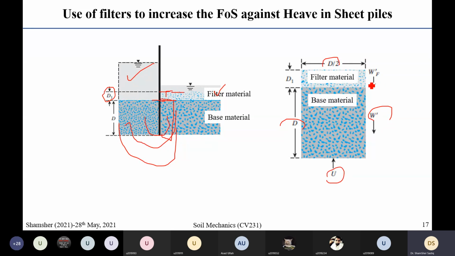Now an additional layer of filter material is added which has thickness d1, and this is the weight of the filter.